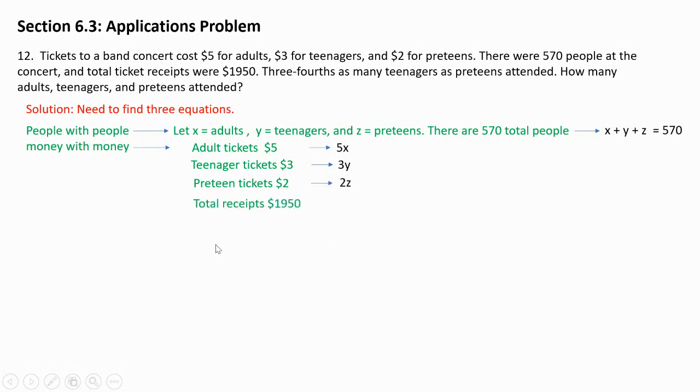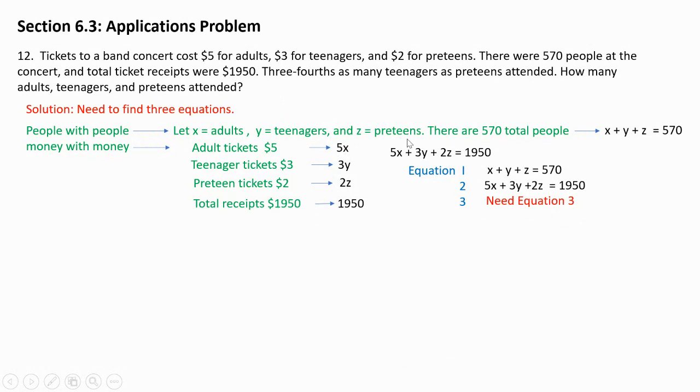What was the total receipts? 1,150. So it's going to be 5x plus 3y plus 2z equals 1,150. That's equation number 2. Now I'm missing equation 3. So equation 3, we get it from the second to last sentence.